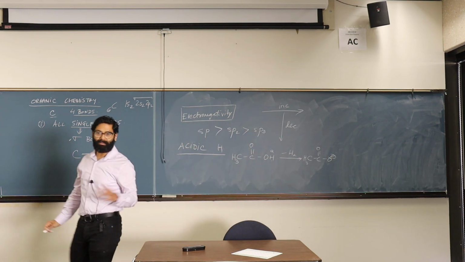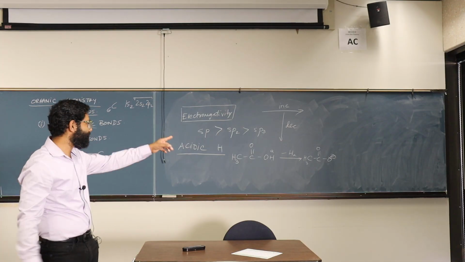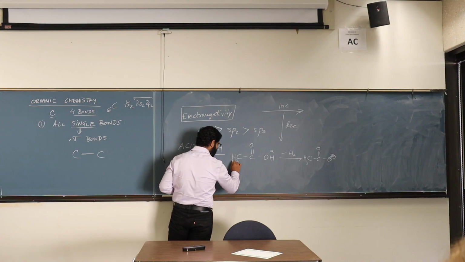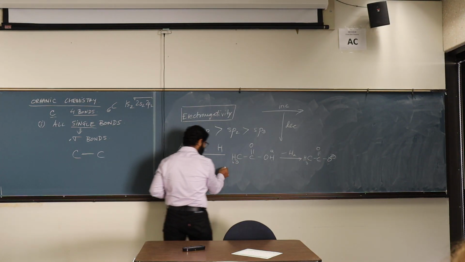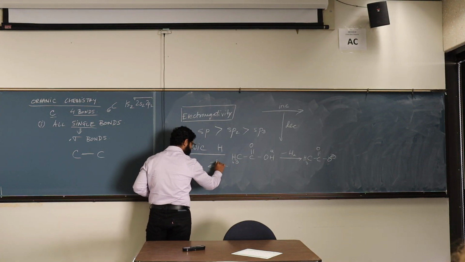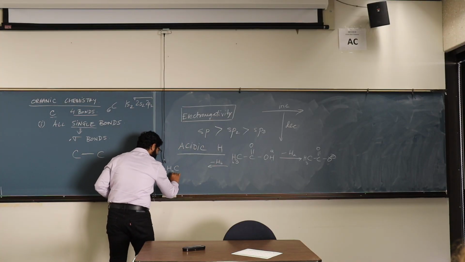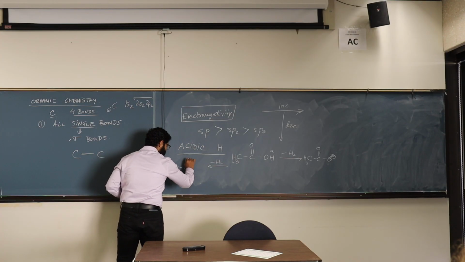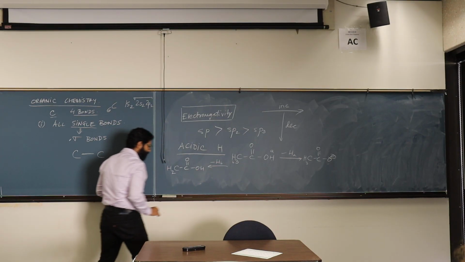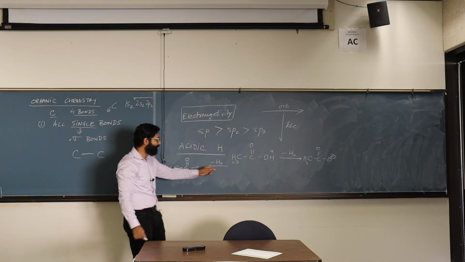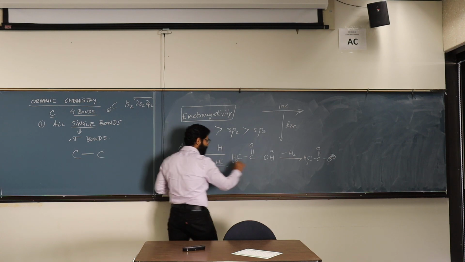If that H goes away, that is the product. Versus if the B hydrogen is removed, the compound becomes, what will be the charge on this carbon if I remove a hydrogen plus?